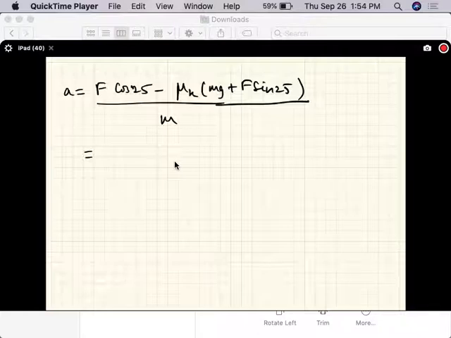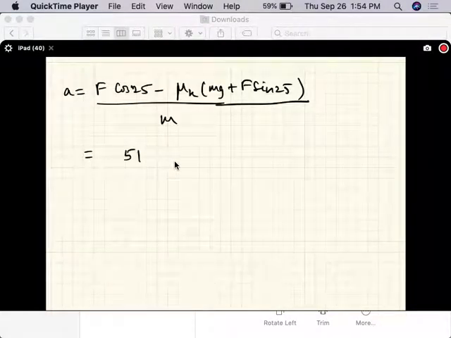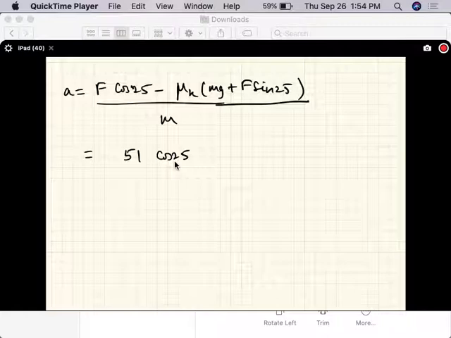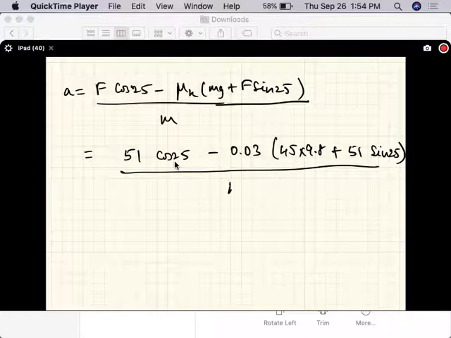Okay, so F is 51 newtons, cosine 25 minus 0.03, and that's the kinetic coefficient of friction. Okay, mg is 45 times 9.8 plus 51 times sine 25, divided by 45.